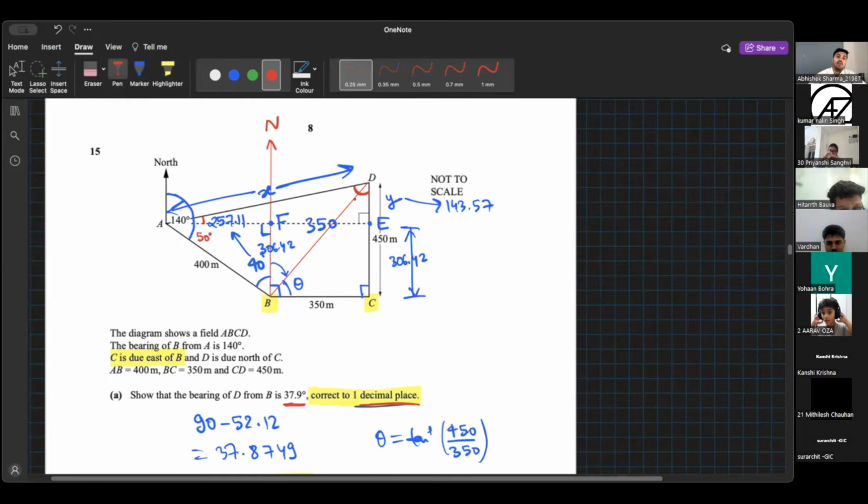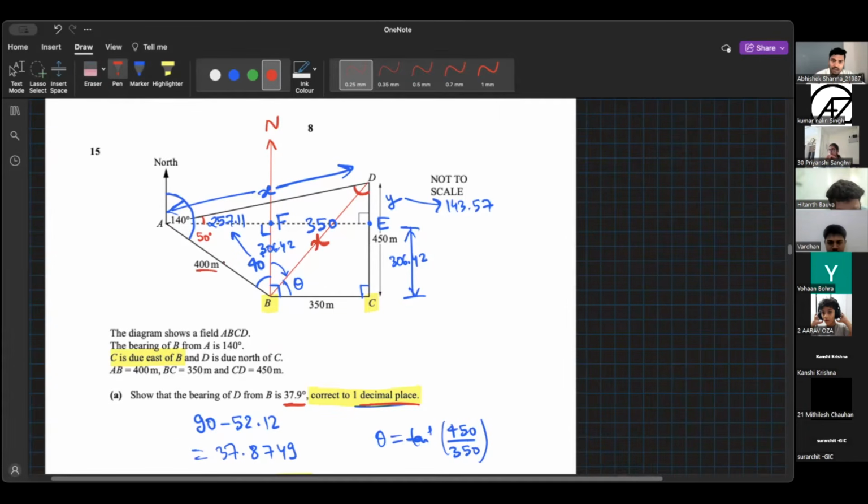Yeah, we can do that also. Perfect. For that, we have to find this length, and we'll get that as under root of 450 square plus 350 square. Did you get the same answer? Yes. Perfect. So we can do the cosine rule also. That's a good approach.